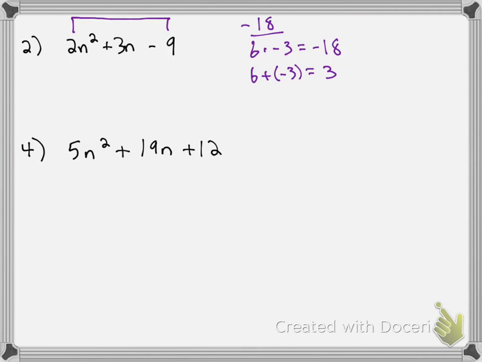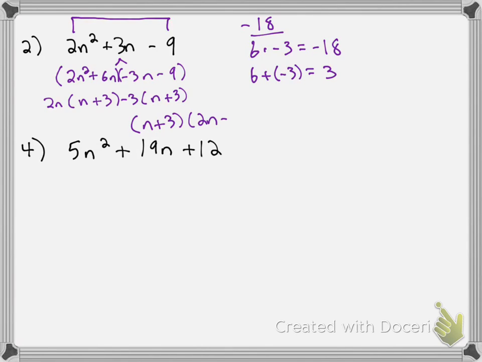So I'm going to split the middle term, and it's going to become 6n and negative 3n. I bring down my 2n squared and my negative 9. 4 terms, factor by grouping. My first grouping, I can take out a 2n, which would leave me with n plus 3. Second grouping, I need to take out a negative 3, which would leave me with n plus 3. So my answer would be n plus 3 times 2n minus 3.